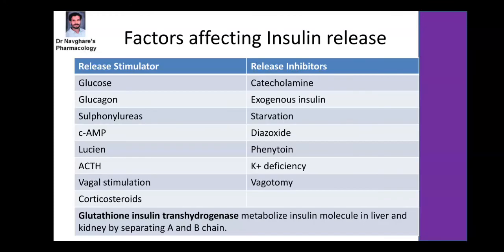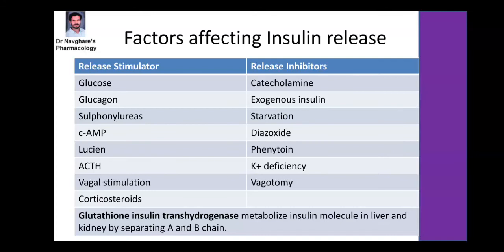Factors which affect release of insulin. So there are certain release stimulators and release inhibitors. Which components stimulate insulin release and which are responsible for suppression of insulin release, we discuss in this slide. As you are aware, glucose stimulates insulin secretion, as does glucagon. Then anti-diabetic drugs like sulfonylureas stimulate insulin release. That's why they are called insulin secretagogues.